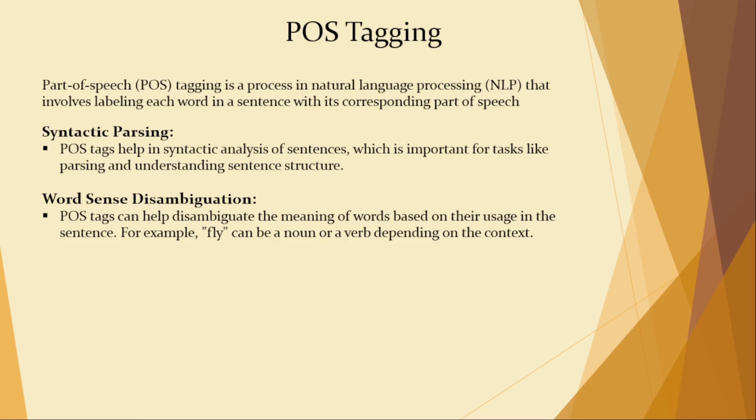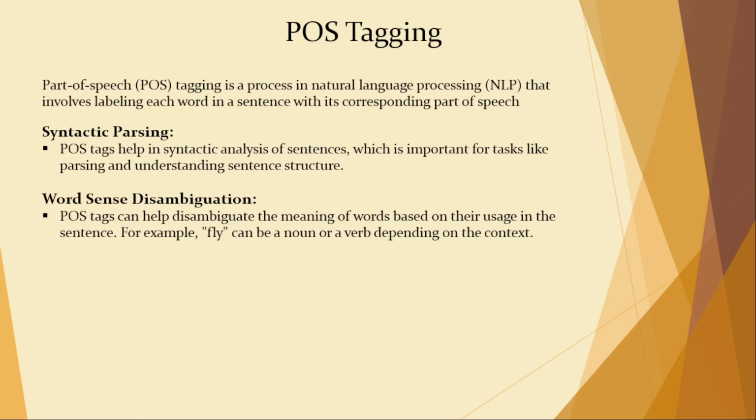POS tags can help to disambiguate the meanings of words based on their usage in the sentence. For example, there is a word called fly. It can be used as a noun and also as a verb.